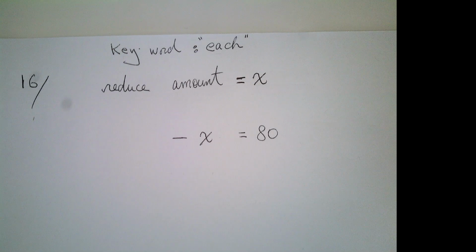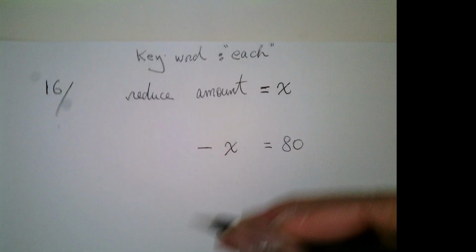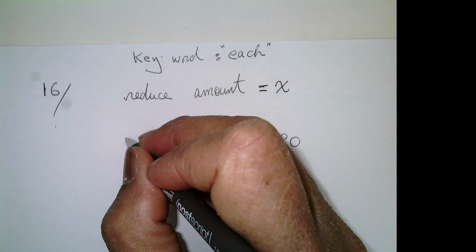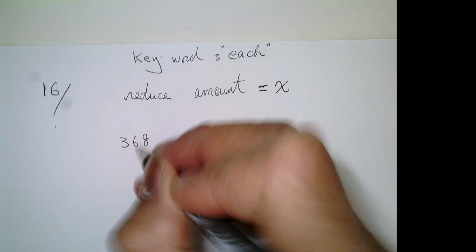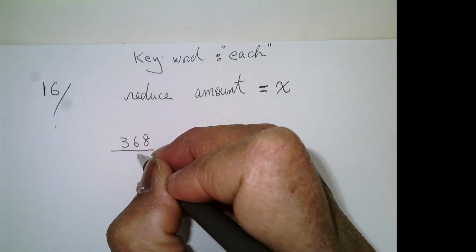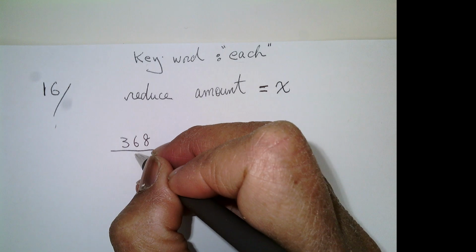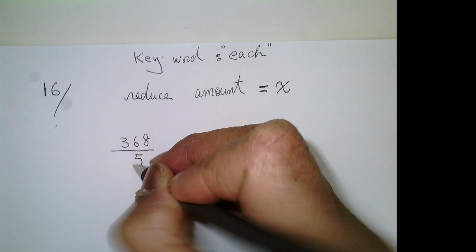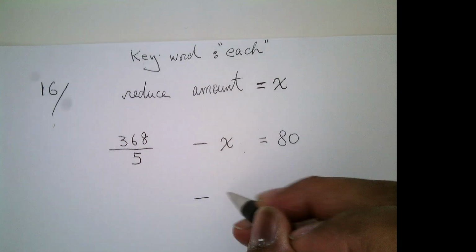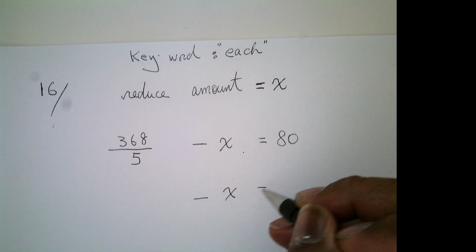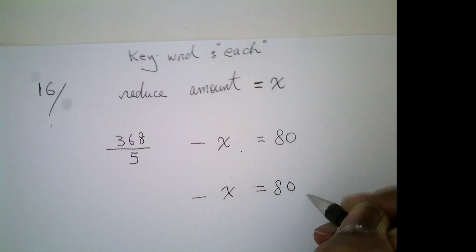Okay? Because the original price is $80. So right now she only paid $368 for 5. Okay? And so $368 divided by 5.